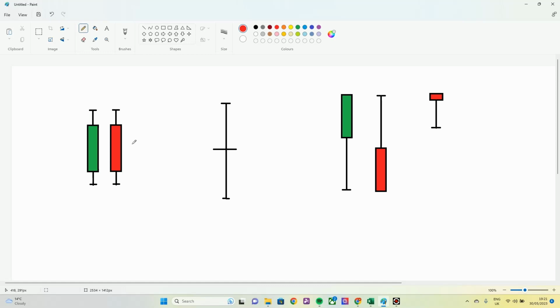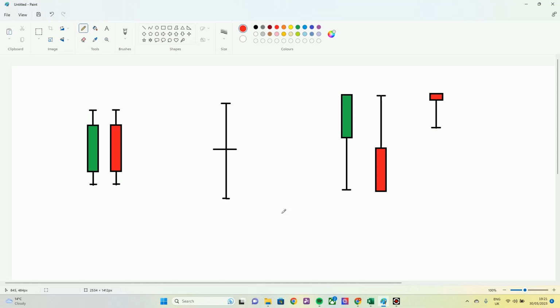So to begin with, this is what a typical candlestick looks like, or these are obviously two candlesticks. You can see one is green, one is red. Green typically means positive, as in the price has gone up. Red typically means that the price has gone down. Now on different platforms that show different charts, they may actually appear in different colors.